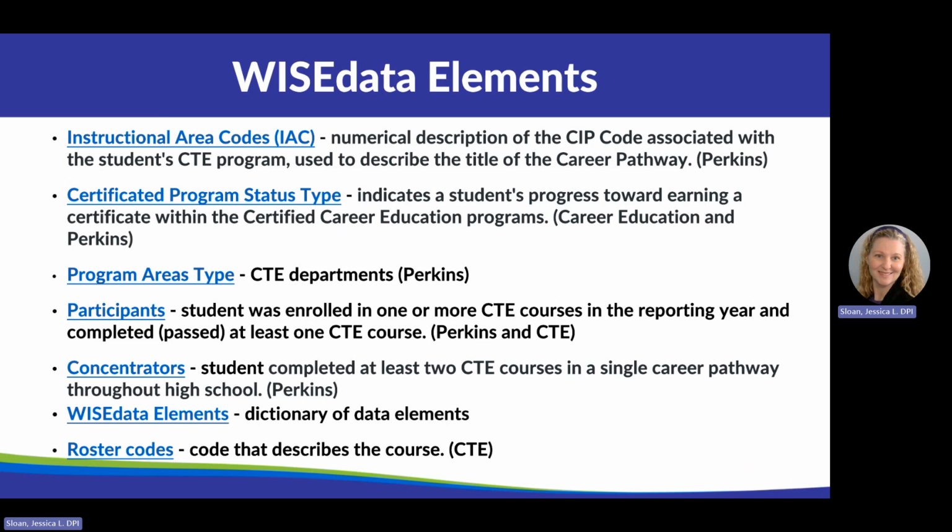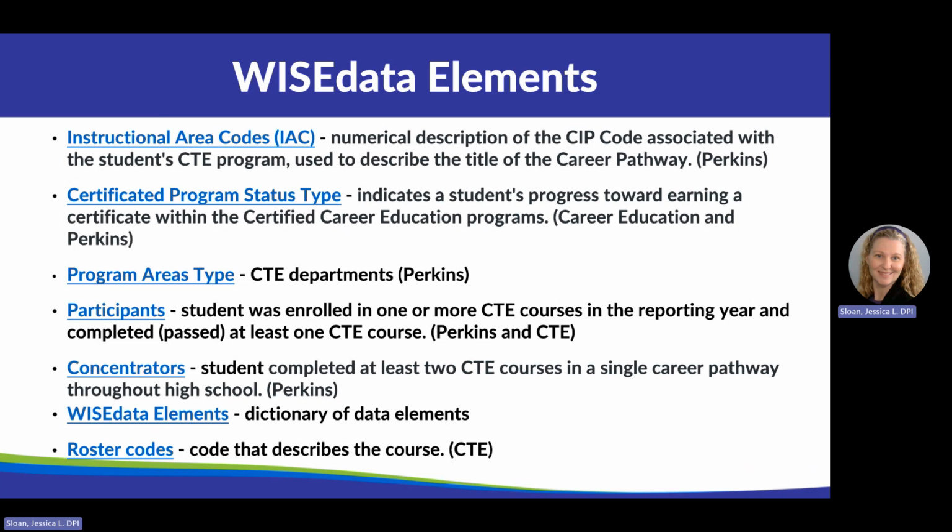Certificated program status type indicates a student's progress towards earning an IRC and youth apprenticeship and the two types of state co-ops and work-based learning. Program area type is another way of saying CTE departments, and we use this in Perkins.